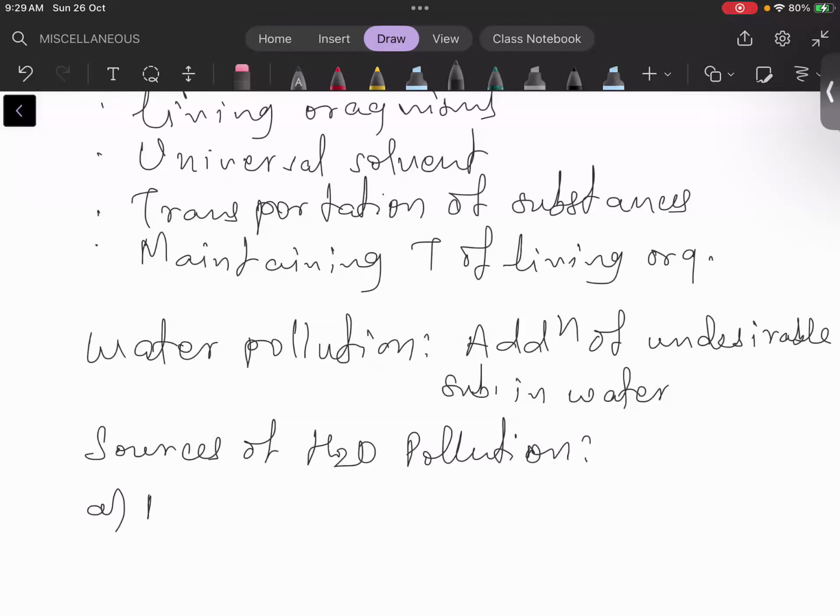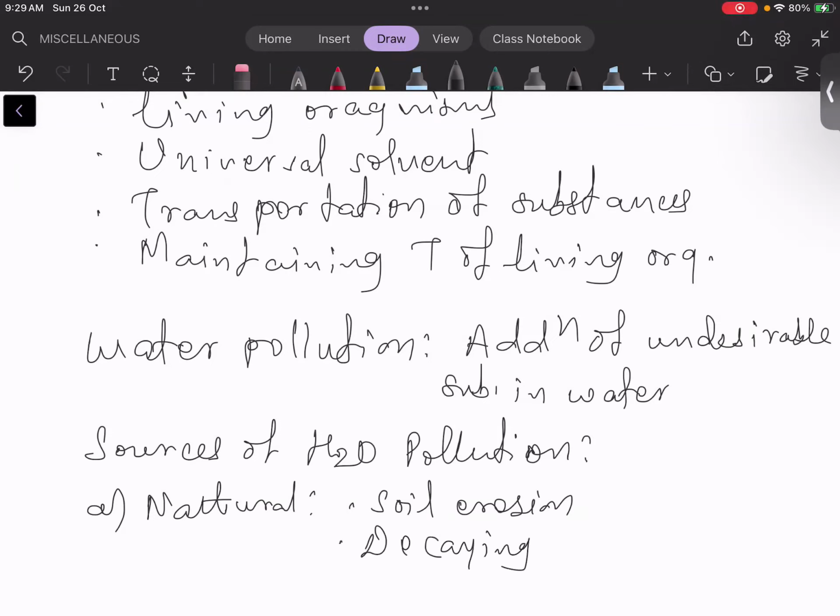First, natural sources. Of course, they include soil erosion. Second, decaying of organic matter.